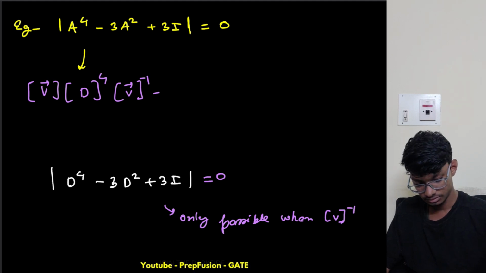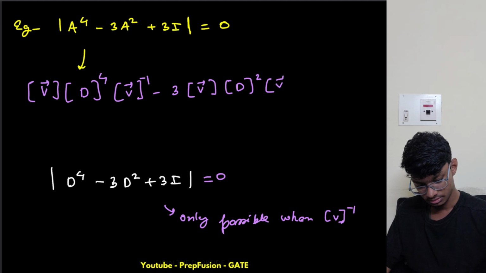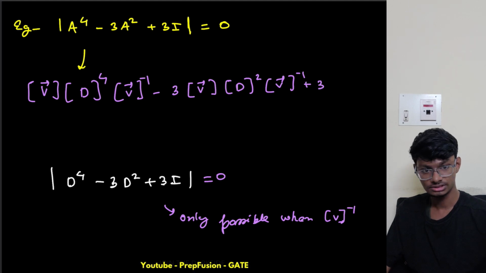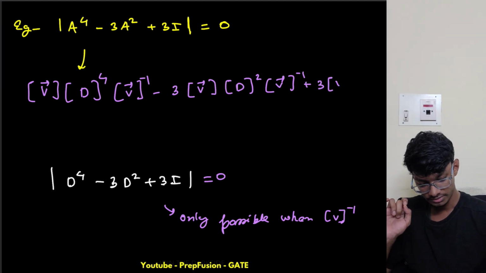I have 3 times V, D squared, V inverse, plus I, which I can write as 3 times V into V inverse.